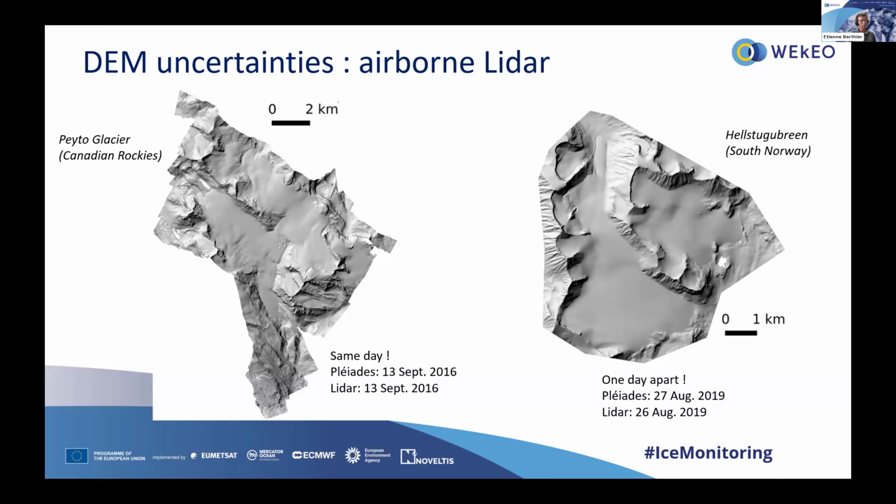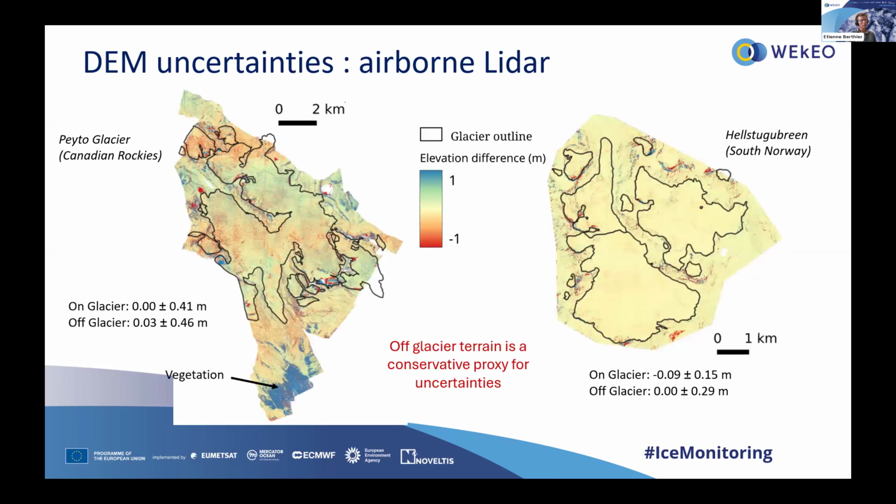So you really want your reference data to be acquired within a very short time span. So based on those reference data, we can make the difference between the PGO, Pleiades Glacier Observatory, DEM and the reference data, and look at those maps of elevation difference. It shows an uncertainty of a few tenths of centimeters from our topography derived from spaceborne data.